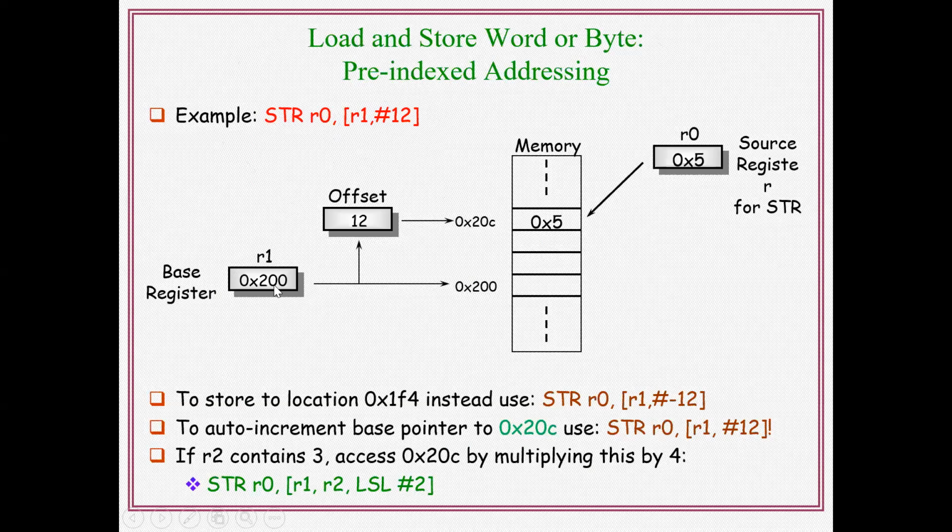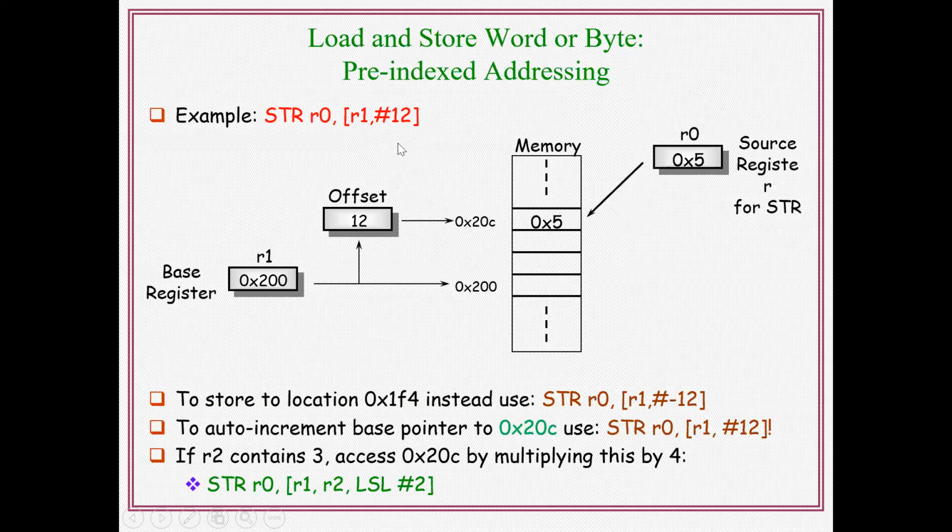Assume that R1 equals 200, the base register value is 200, and the immediate value added is 12. The total is 212, where 12 is C, so 200C. Assume that 200C already contains 0x5. 5H is available at 200C. So after execution of this instruction, that 05 is copied into R0.